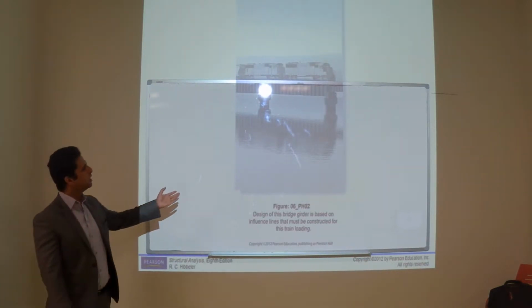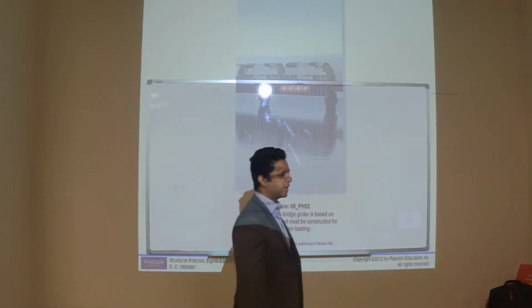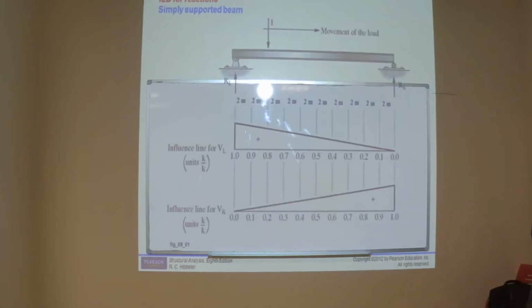Do you want to see a sample ILD diagram for a reaction? It will be something like this. Did you understand? If you want some time for group discussion, I'll give you time, okay?